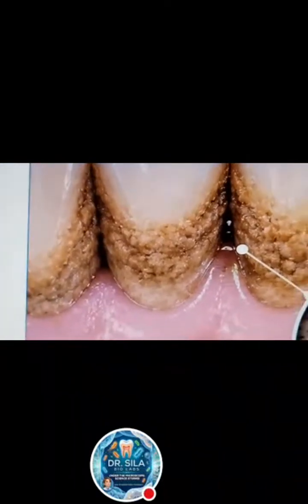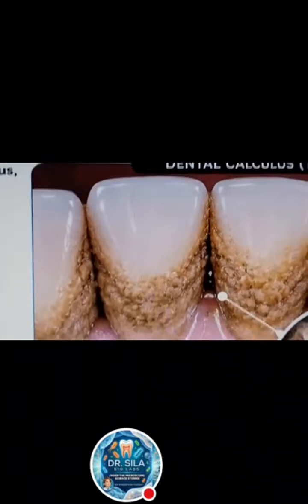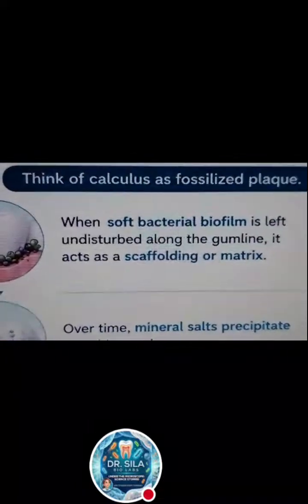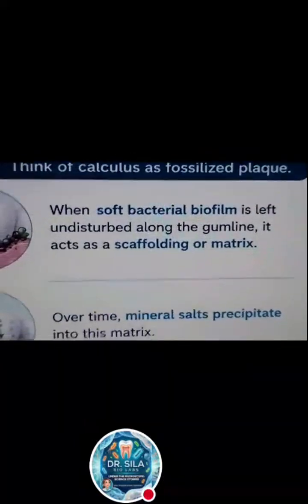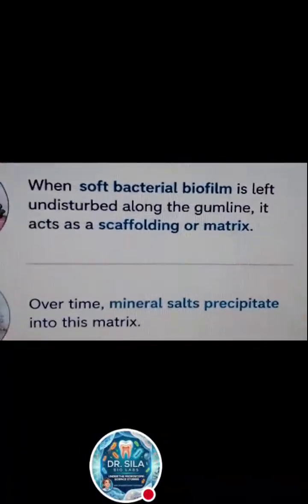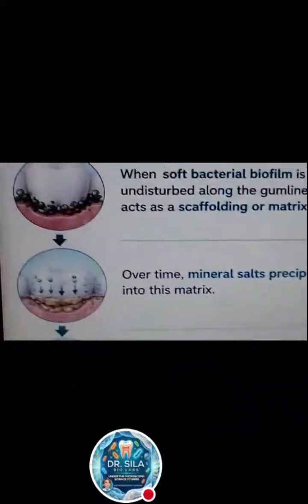Now let me describe the main culprit, dental calculus, in detail. Think of calculus as fossilized plaque. When a soft biofilm is left undisturbed along the gum line, it acts as a scaffolding matrix. Over time, mineral salts precipitate into this matrix.